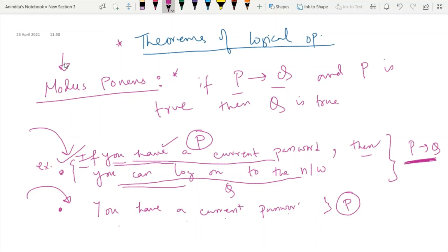According to it, whenever you have these two statements, the conclusion will be Q is true.